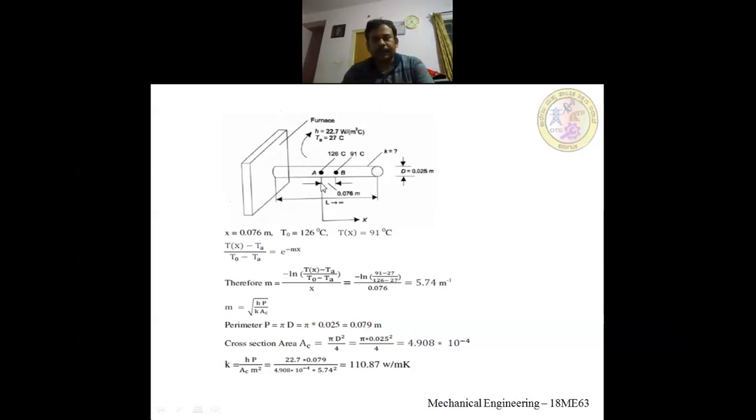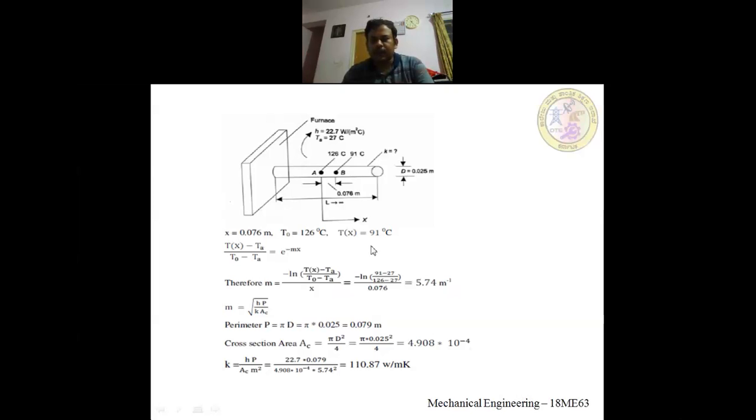See the starting point. It's infinitely long, and we are going to use the temperature distribution for an infinitely long rod. Since it's a very long rod, I can take any point as the origin. I have taken point A as the origin, so I can take the temperature at point A as T naught, 126 degrees Celsius, and at some distance from this point, x equal to 0.076, the temperature will be 91 degrees Celsius.